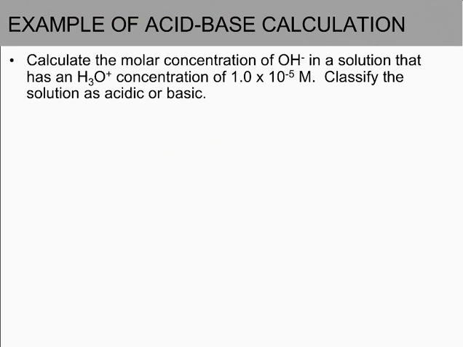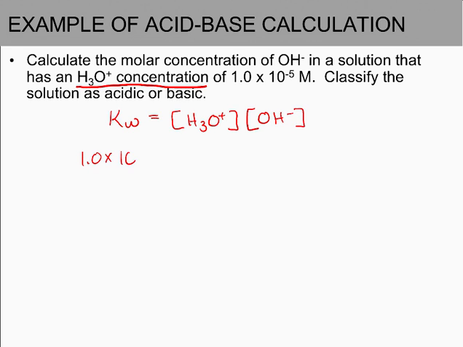Okay, so remember our ion product of water is equal to the concentration of hydronium ions times the concentration of hydroxide ions. So we were given the hydronium ion concentration, and we also know the ion product of water is 1 times 10 to the negative 14th.